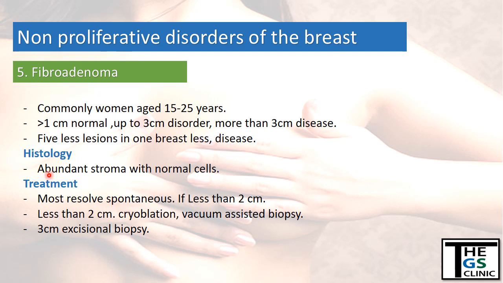If we take a histopathology, it will show that it has stroma with plenty of fibrous tissue and elastic bands, as well as normal stromal cells and normal glandular cells, acini cells of the breast. So it is a benign condition and contains normal cells.